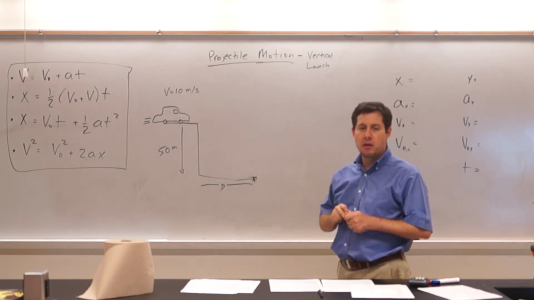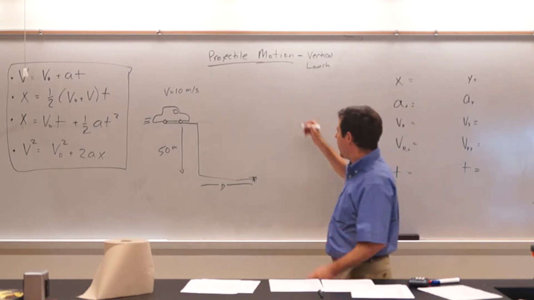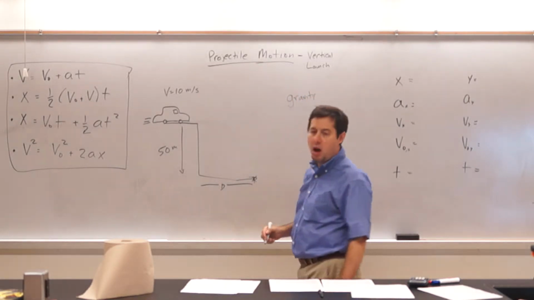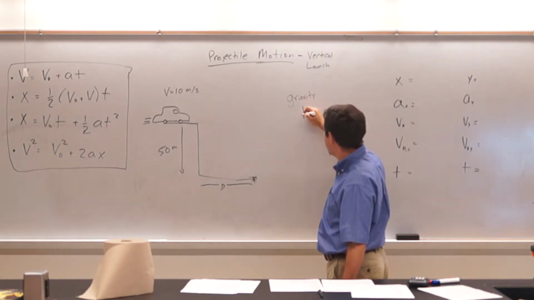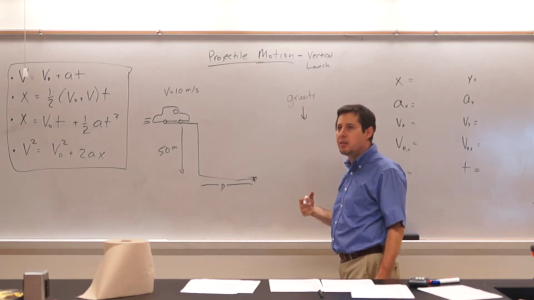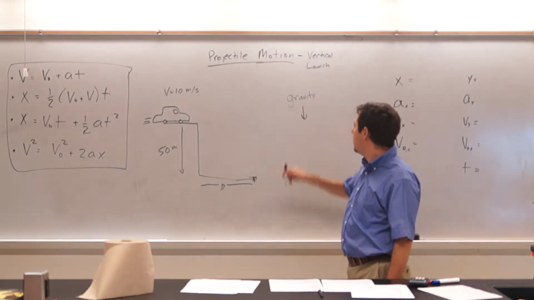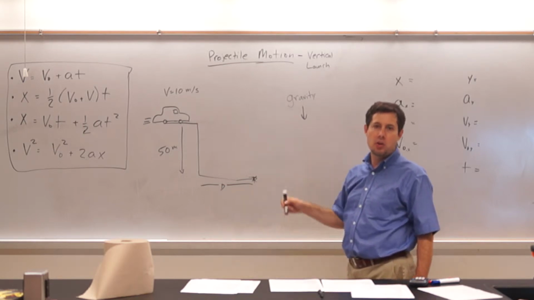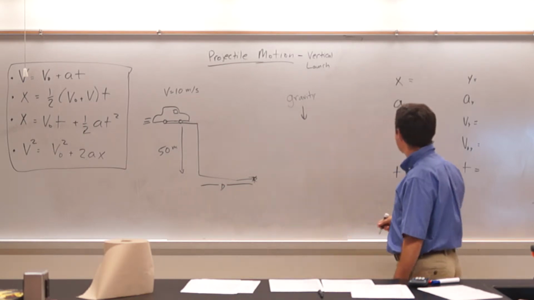Keep in mind a few important things. Gravity. Gravity always points down towards the center of the Earth. It pulls on us towards the center of the Earth. This means gravity is only pulling in that vertical direction, in that y direction.